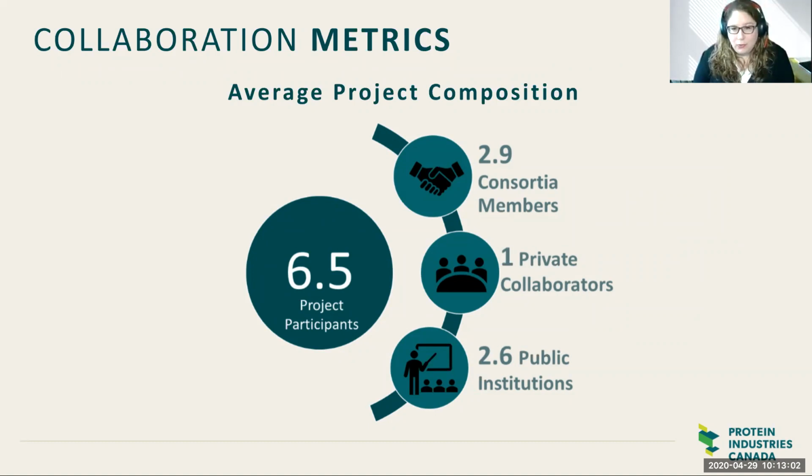This is important, but in addition to that, there are also a lot of opportunities for projects to engage other participants. This can include both public and private collaborators, building significant collaboration within the sector. As you can see, we require a minimum of 2 consortium members, but our average project consortiums represent at least 3.